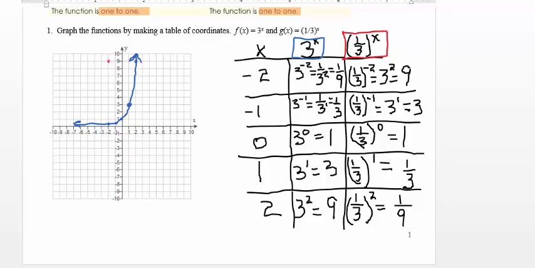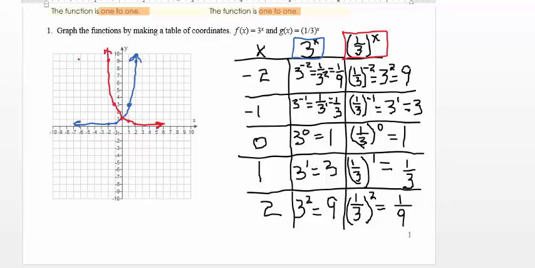When x is -2, y is 9 for g. When x is -1, y is 3. When x is 0, y is 1. When x is 1, y is 1/3. When x is 2, y is 1/9 for g. And I sketched that decreasing function's graph in red.